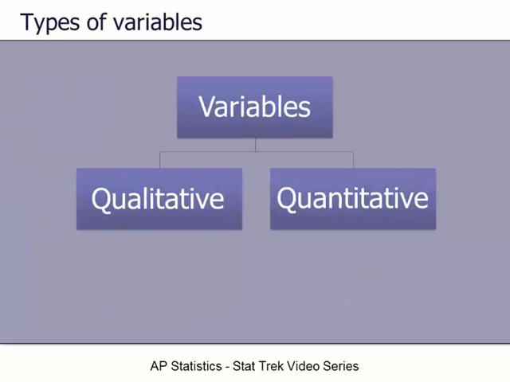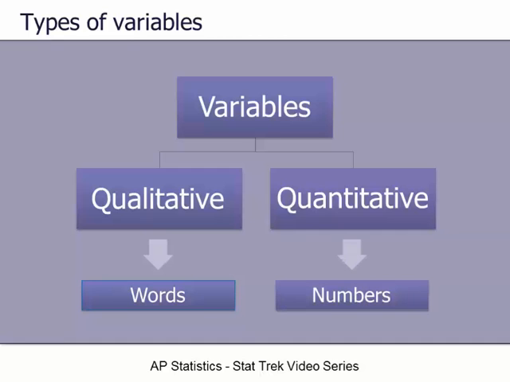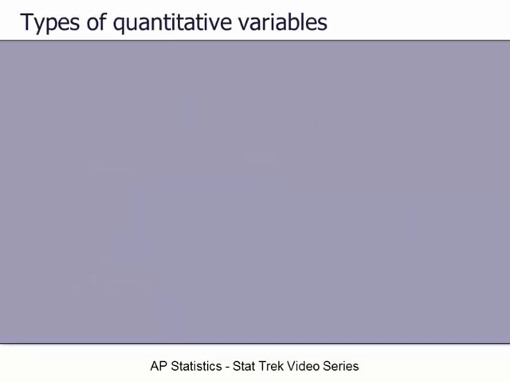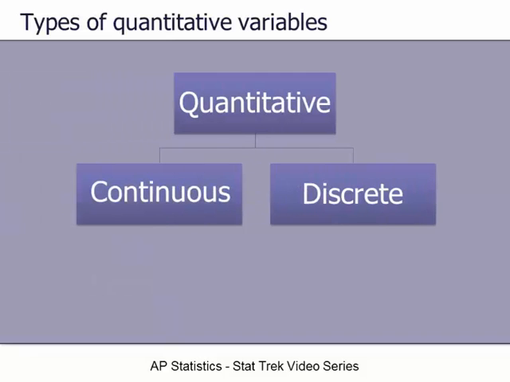Variables that use words are called qualitative variables, and variables that use numbers are called quantitative variables. By the way, qualitative variables are also known as categorical variables. There are 2 types of quantitative variables, continuous and discrete.